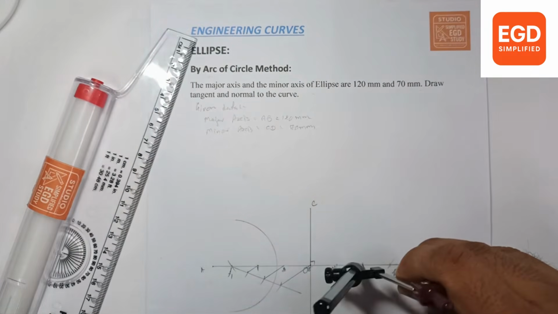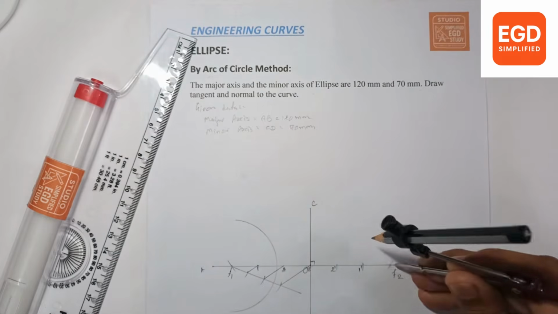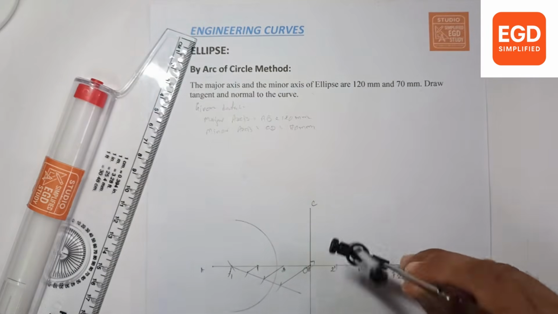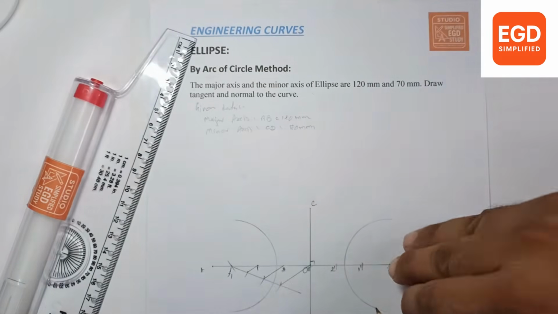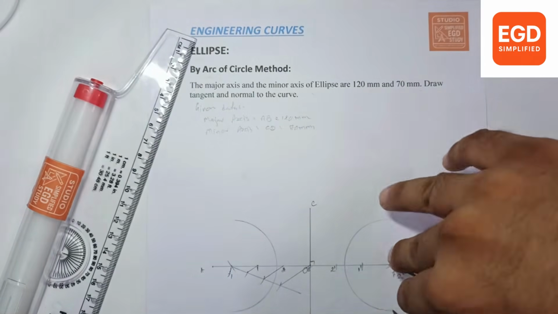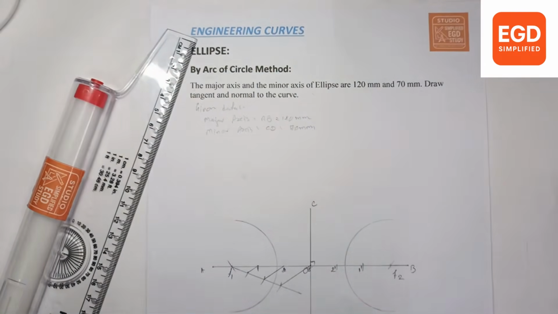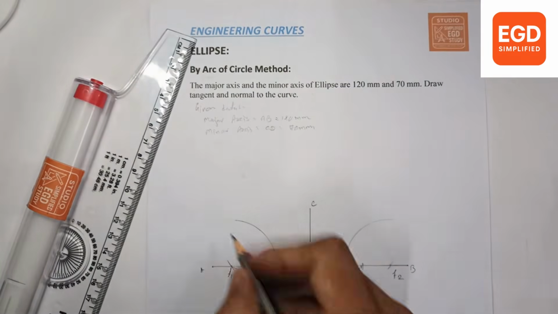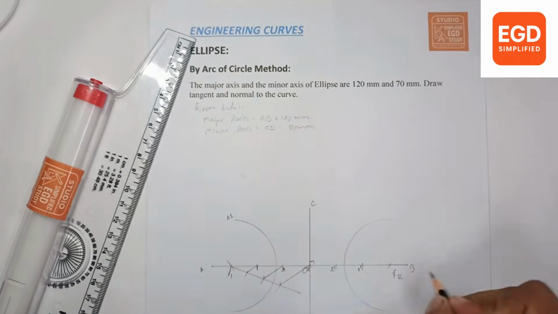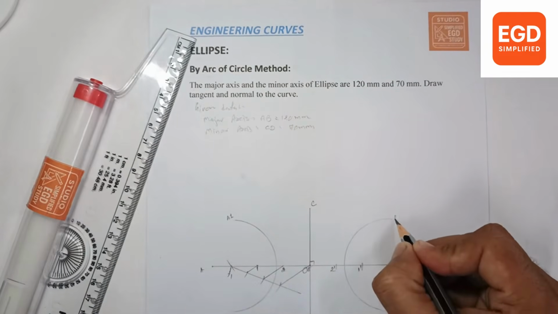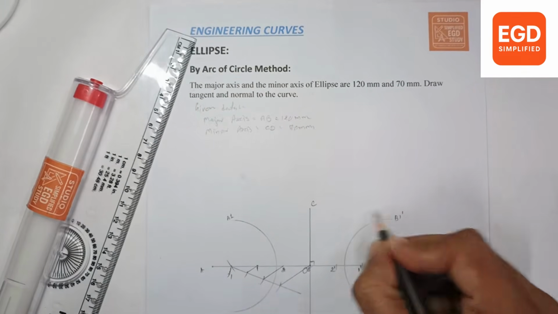Similarly, the distance from B to 1 will be the same, so we put our rounder on F2 and draw an arc from this side. To be clear, we will give the numbering A1 to this arc and B1 dash to this arc.